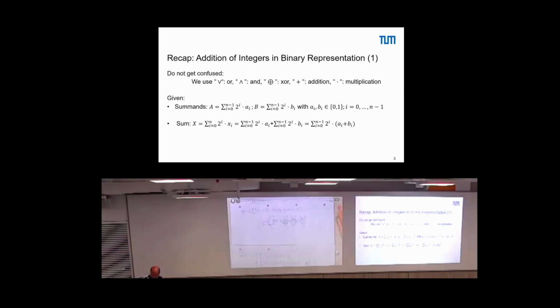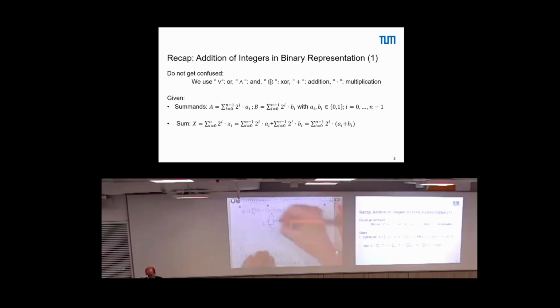So just to keep this in mind, this here corresponds on the input side and on the output side to 2 power of 0, 2 power of 1, 2 power of 2, 2 power of 3, sorry, up to 2 power of n minus 1. This here corresponds to 2 to the power of 0, 2 to the power of 1, 2 to the power of 2, up to 2 to the power of n minus 1, 2 to the power of n, because it's 2 times something.